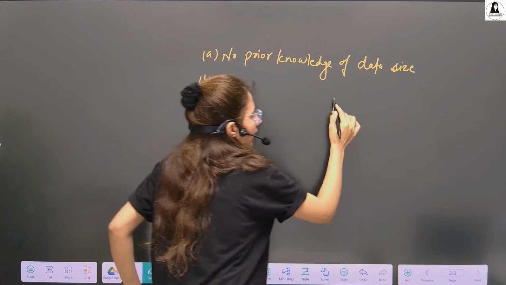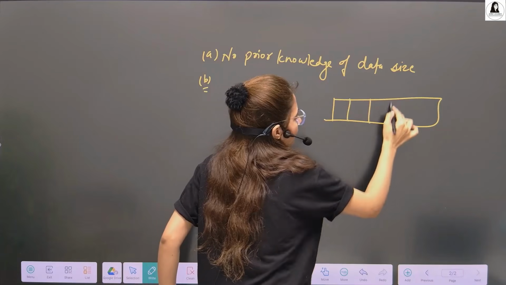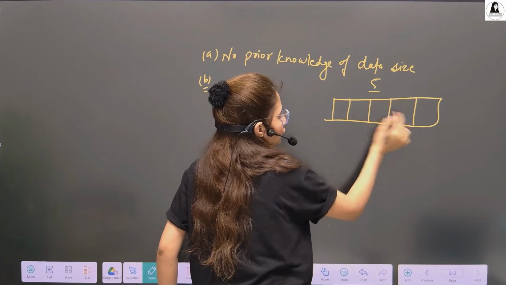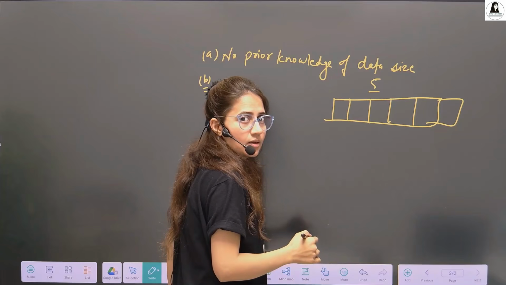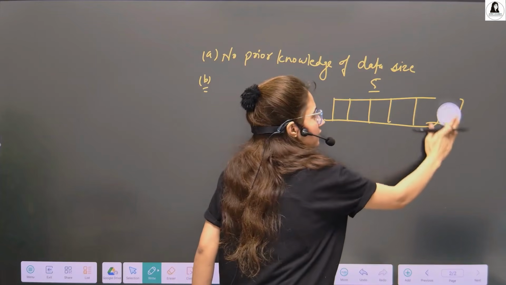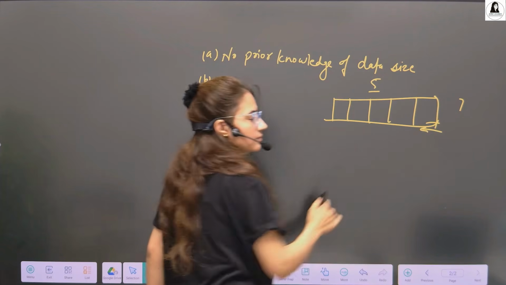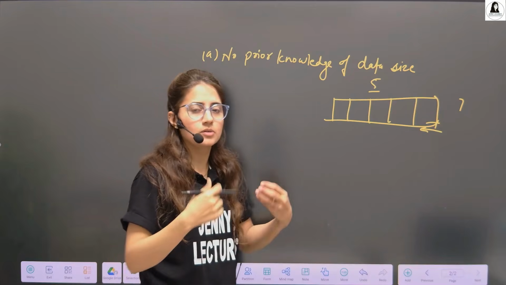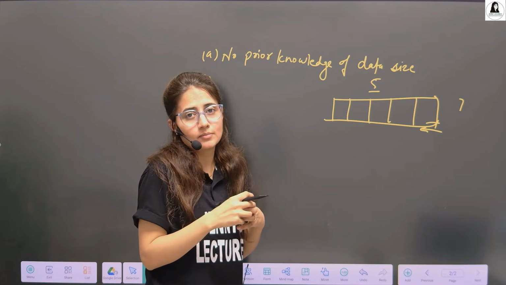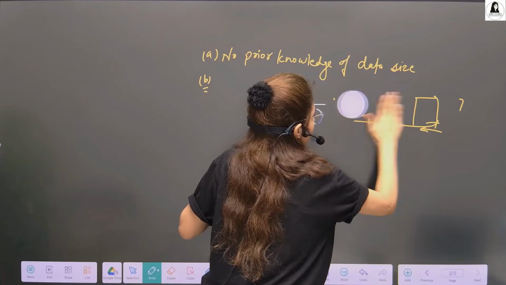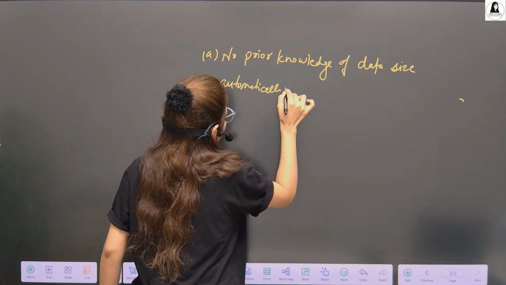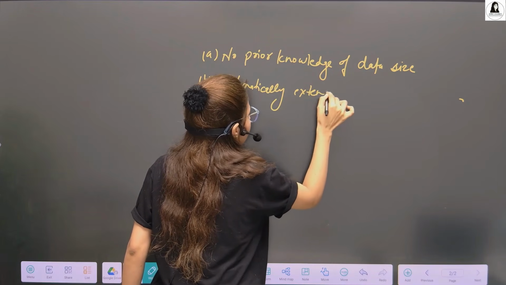Like right now I need to store 5 integers, then I need 6, so automatically it will extend. And at some time, suppose I deleted this thing, so automatically it will shrink. That kind of thing we need sometimes. That may be a second requirement. Let me just write this down: it should automatically extend or shrink.